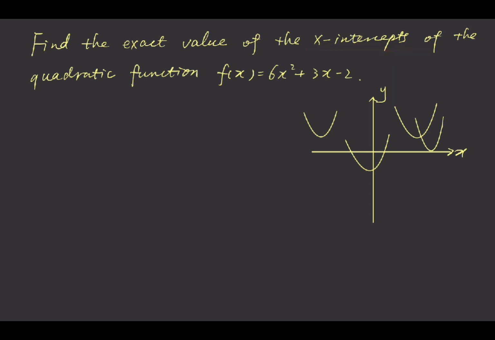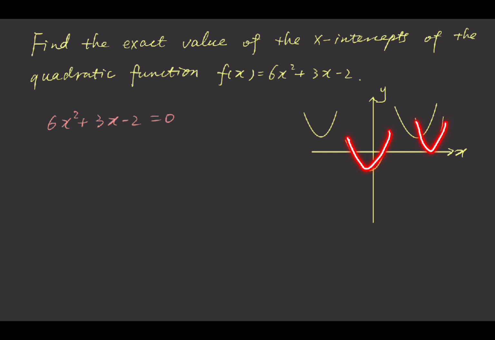For this function, if f(x) equals 0, then this expression equals 0, that is, 6x squared plus 3x minus 2 equals 0. From the graph, we can figure out for this one it is not possible: all the points on the graph have y-coordinates that cannot be equal to 0, so f(x) cannot be equal to 0 anytime.